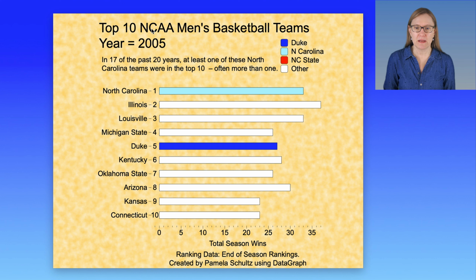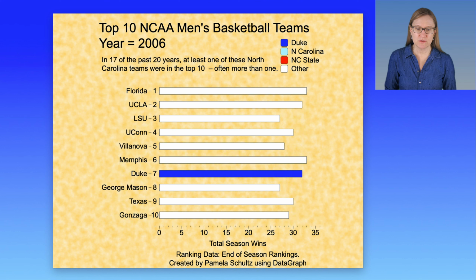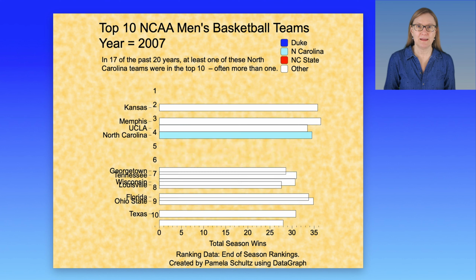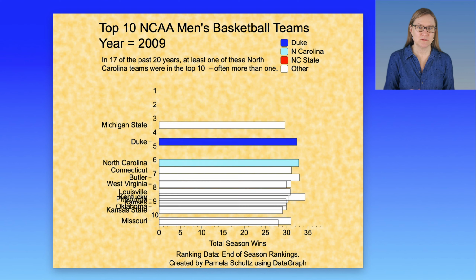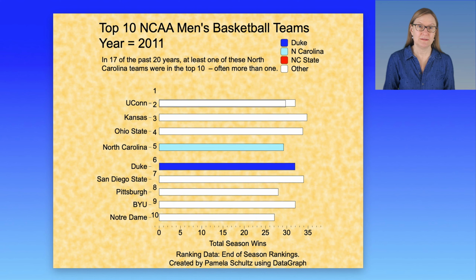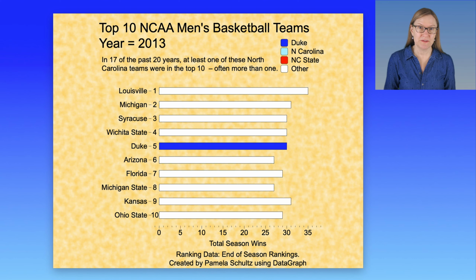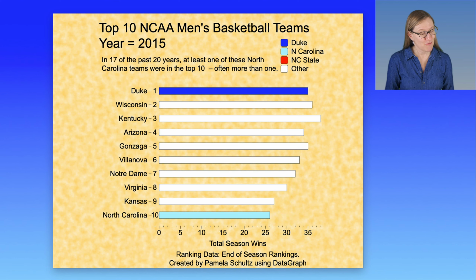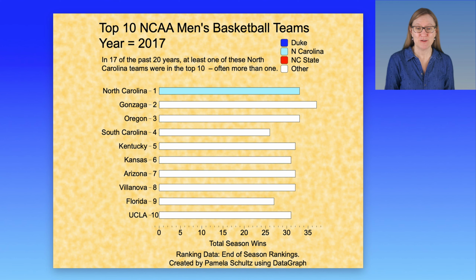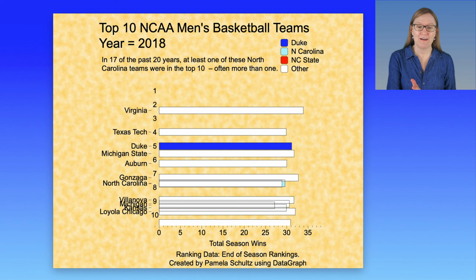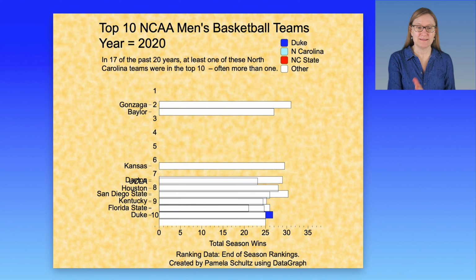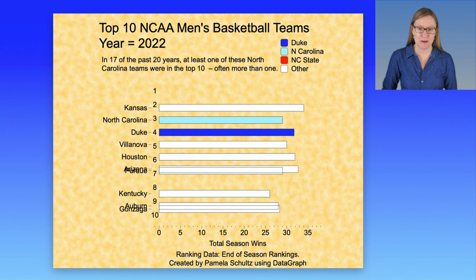And this is starting in 2005, but let me show you what happens when I animate this. I thought it was really interesting to see that in 17 of the past 20 years, at least one of these teams was always in the top 10. And in many cases, you'll see both UNC and Duke, and NC State also makes an appearance in the top 10.